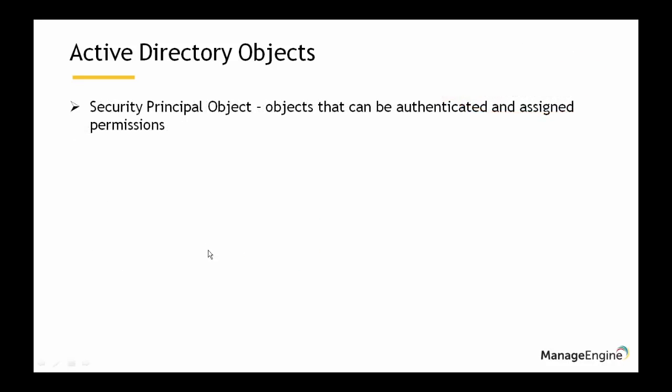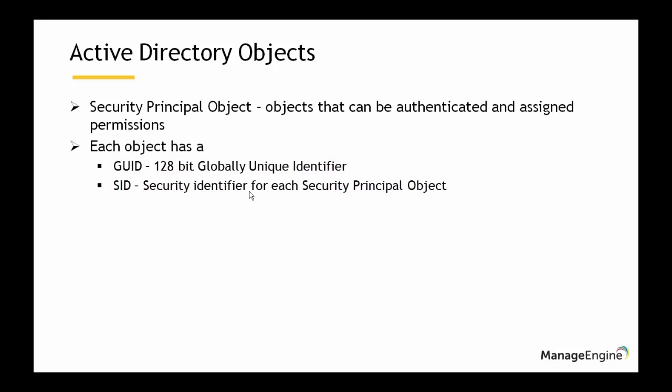And then you have security principal objects, objects that can authenticate and authorize. So you have all these types of objects. Basically the security principal object has two main parts.